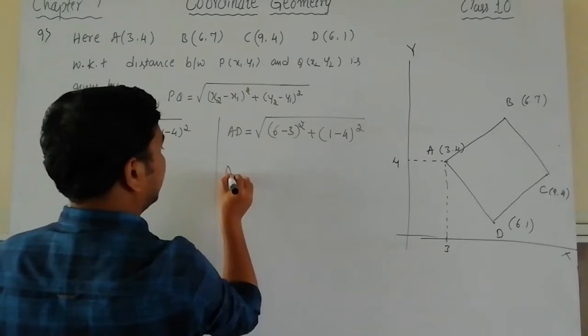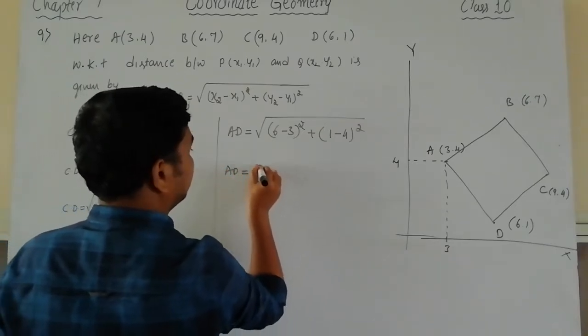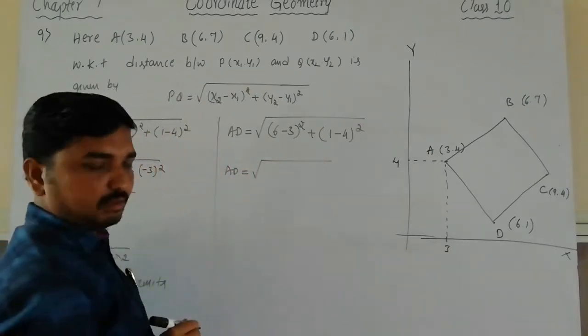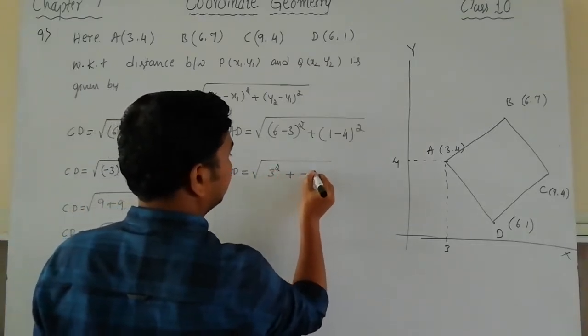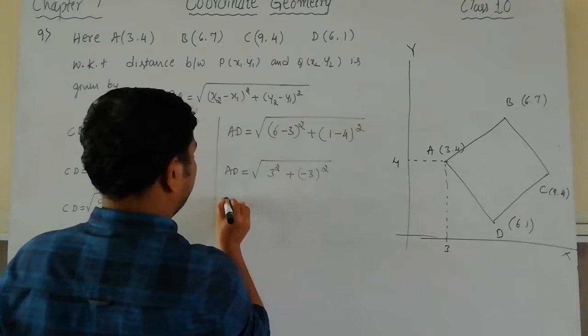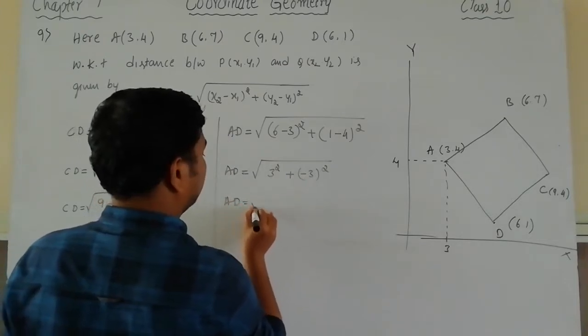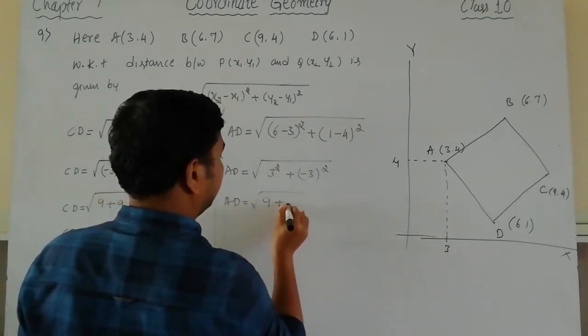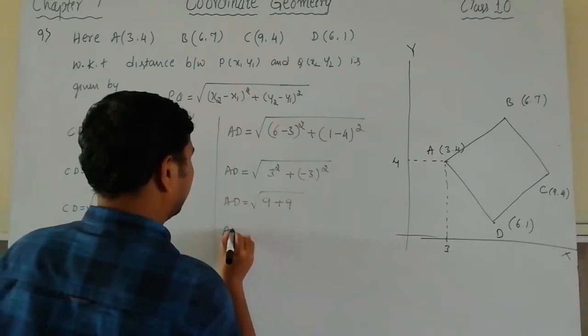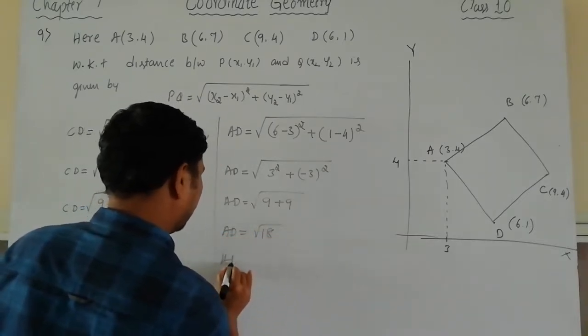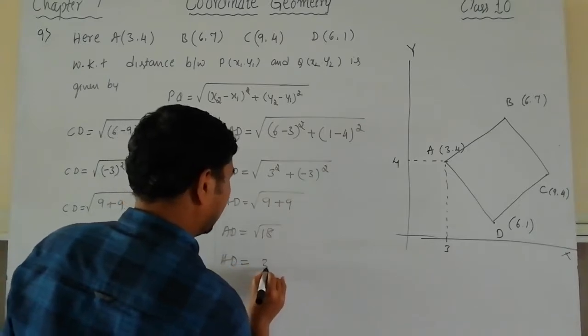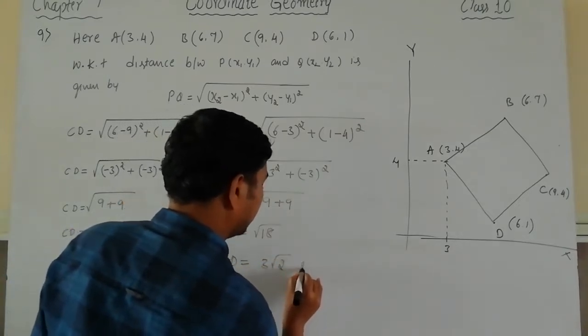AD is square root of 6 minus 3 means 3 square, and then minus 3 whole square, so AD is square root of 9 plus 9, which is square root of 18, and on simplification you will get 3 root 2 units.